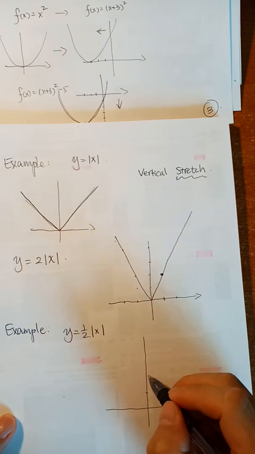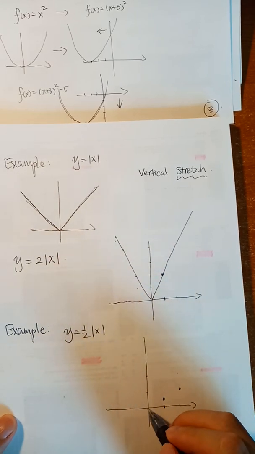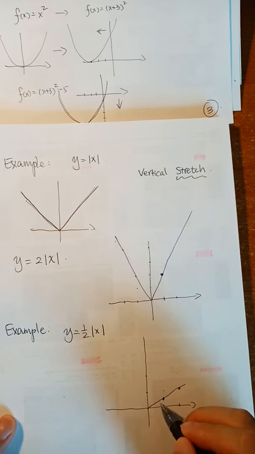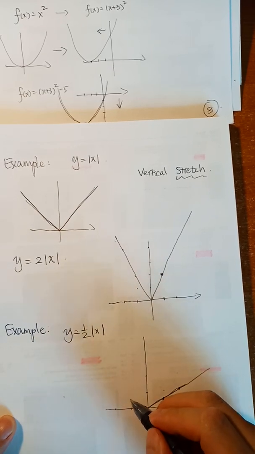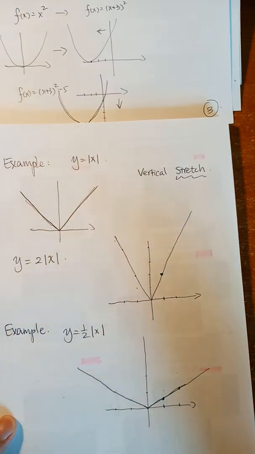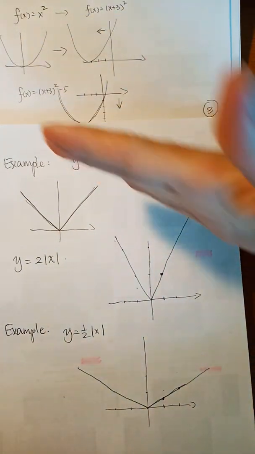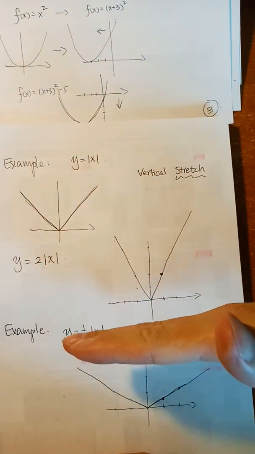When you have 2, absolute value of 2 is 2, but times 1/2 is 1. So it's still a straight line, but it's more flat. And a similar thing happens for the negative part, 1/2 and 1. So you compress the graph along the y direction, or vertically.